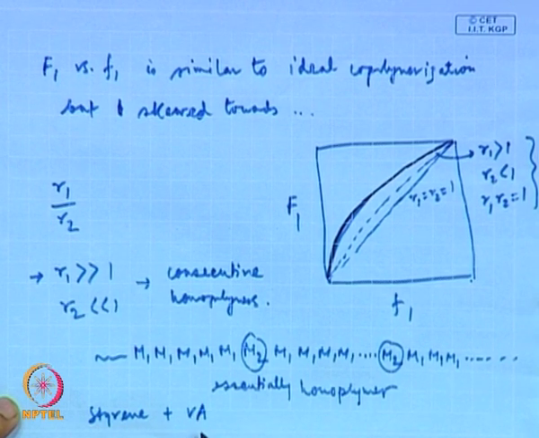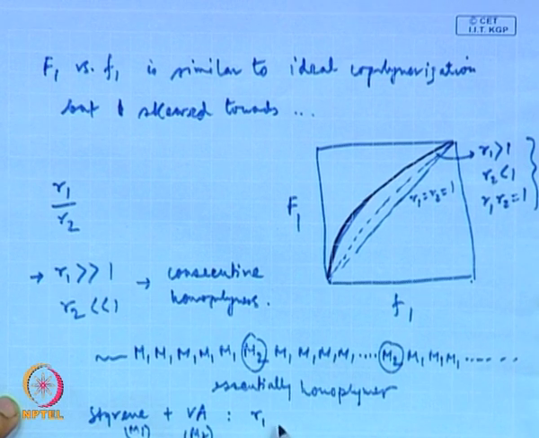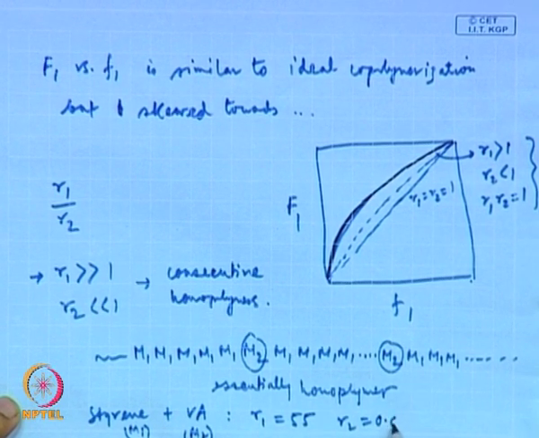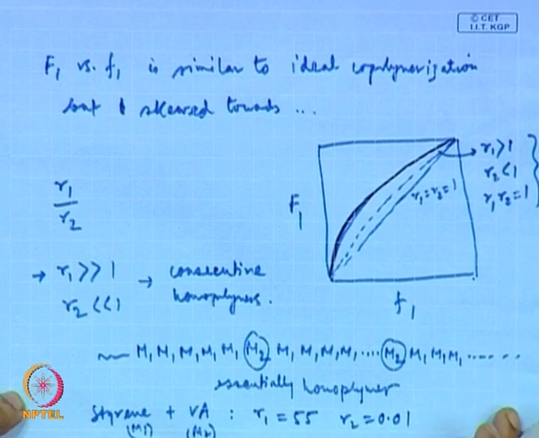If I write V A, the reactivity ratios are R 1, if this is M 1 and this is M 2, R 1 is 55 in case of a radical polymerization and R 2 is 0.01. This is for a radical polymerization.